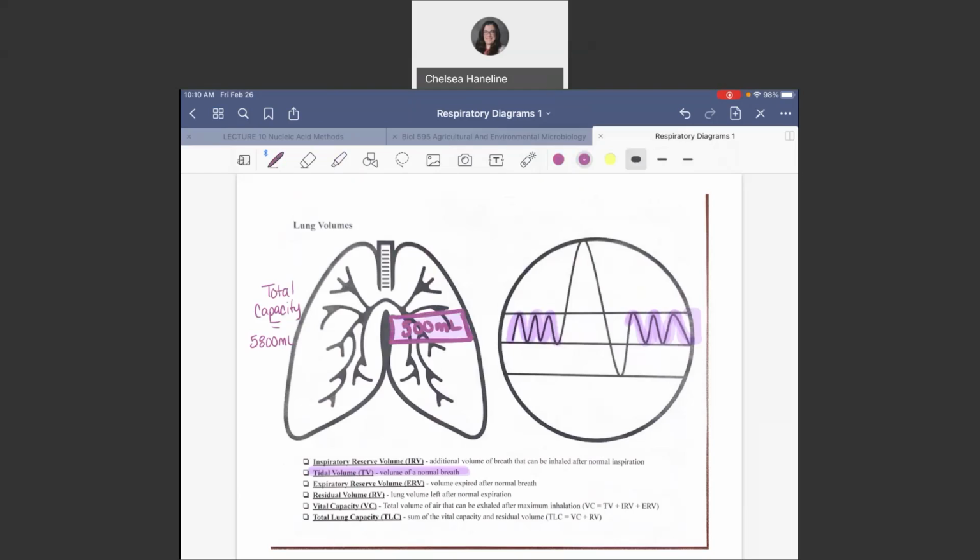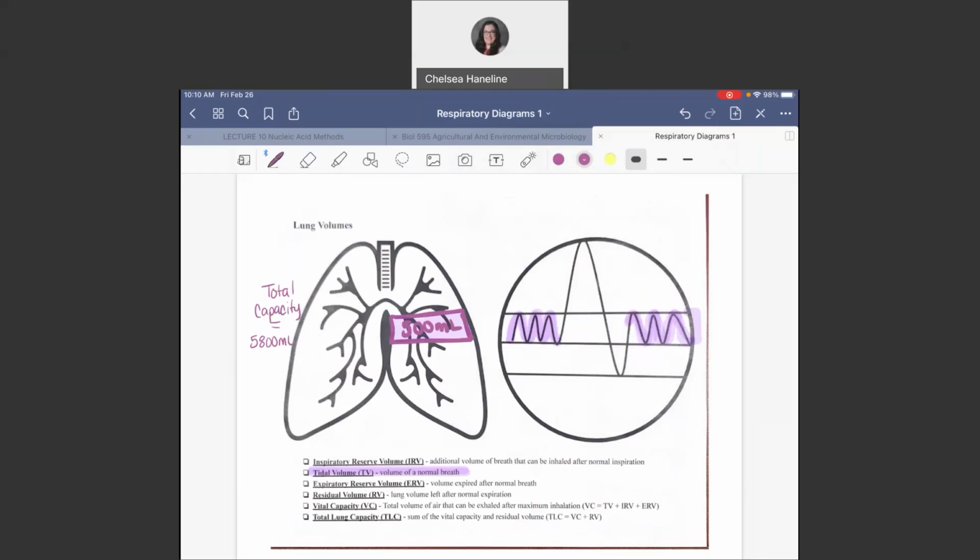Okay. And so then, when we breathe in as much as we possibly can, and we breathe out as much as we possibly can, that is going to be called our inspiratory and expiratory reserve volume.